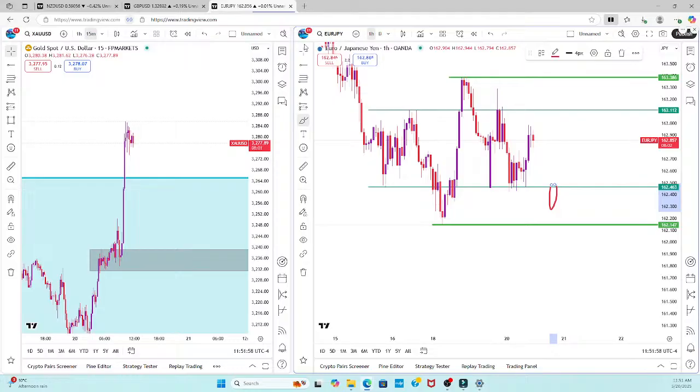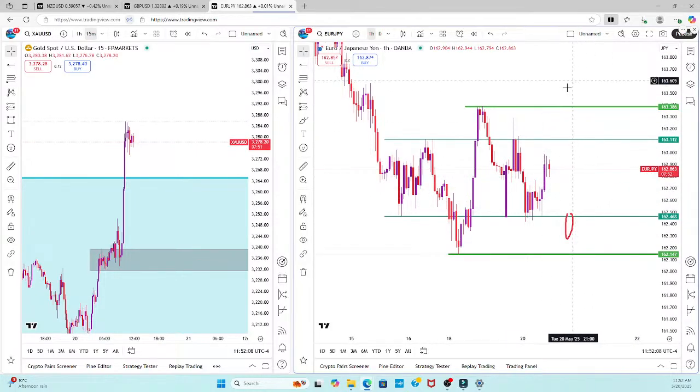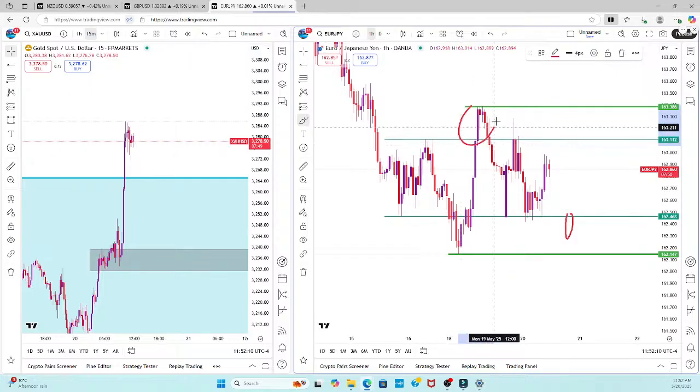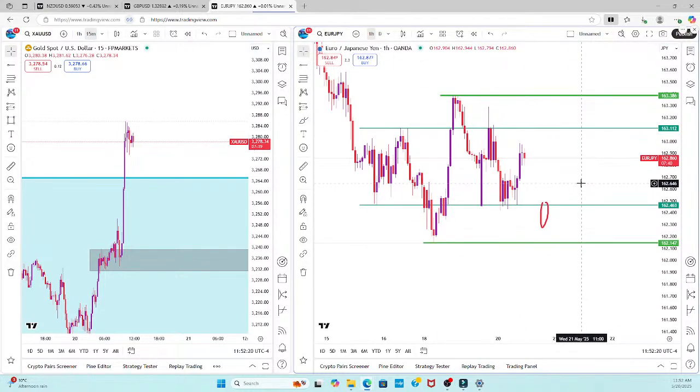So that's pretty much what I see for Euro JPY. I think it's going to buy as a result of this breakout here, it should. Although it did get rejected here, it still has that chance.